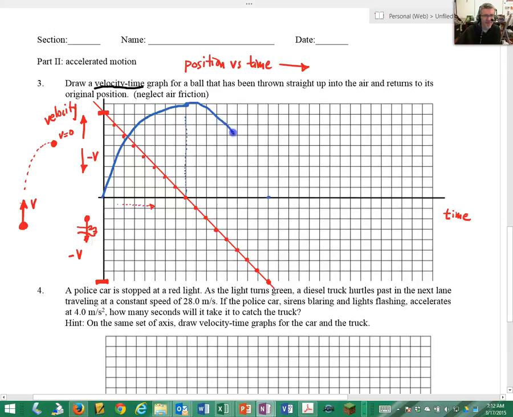So now here's the interesting thing. As you're looking at this graph, it turns out the values of this curve are the slopes of the position graph. So this is, let me put it in blue, position versus time is in blue. And position versus time has this parabola shape because it's accelerated motion in one direction.